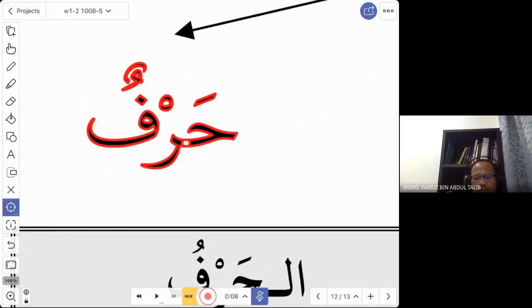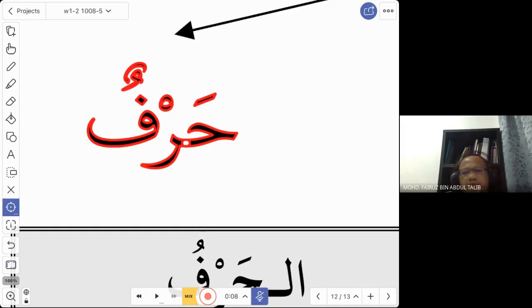The third category is called harfun. You can also say harf by skipping the last sound. What is harf? Harf is a particle. And what is a particle? Particle in language refers to certain words that you use to join between sentences, to convey certain meanings.